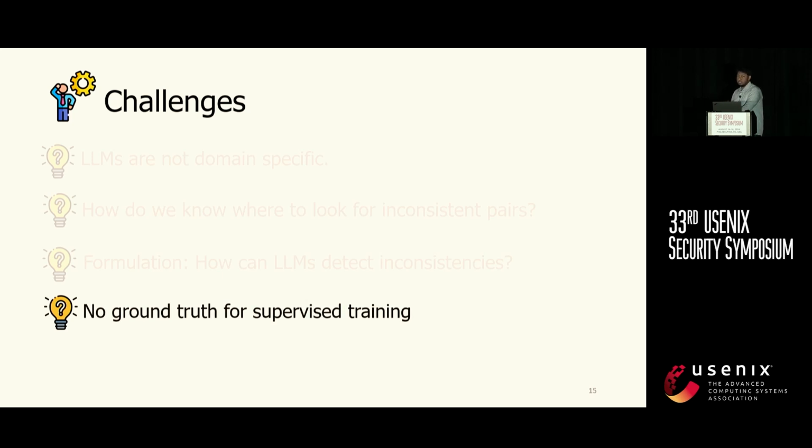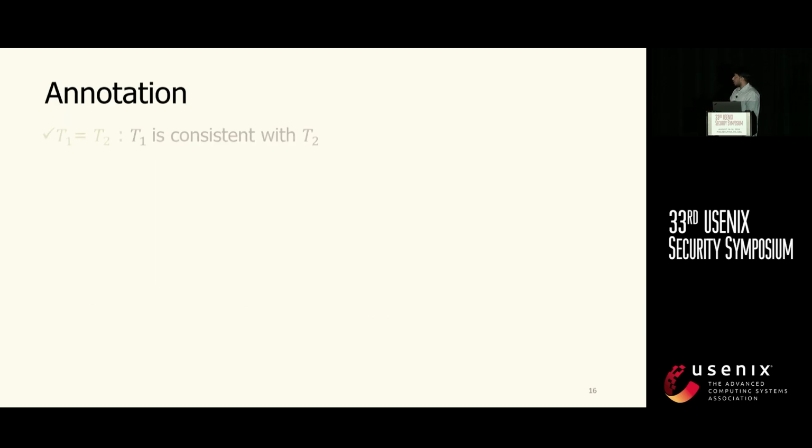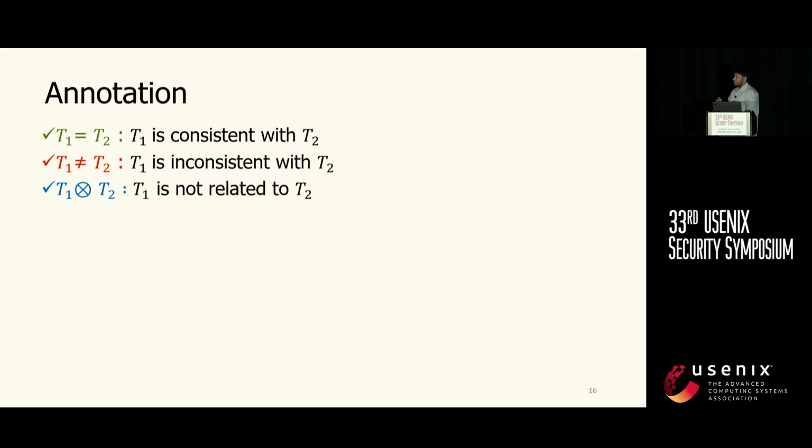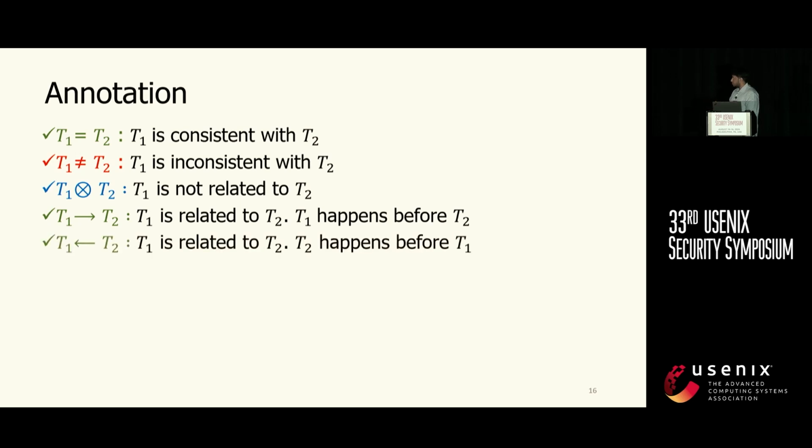These are not ground truths for our cellular network data. These are general purpose NLP datasets. So how can we build a dataset that has some kind of ground truth for our cellular networks? For that, we devise a new kind of annotation. If we have two text sequences, T1 and T2, we first see if T1 is consistent with T2, or if it is not consistent, or if they are not related at all, or if they are in temporal ordering where T1 happens before T2 and vice versa.